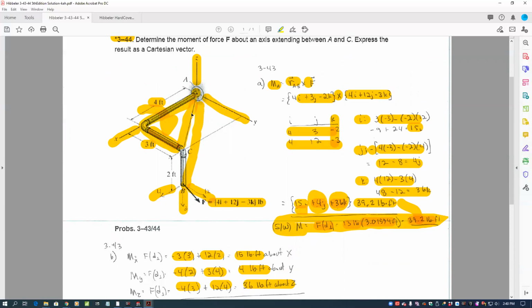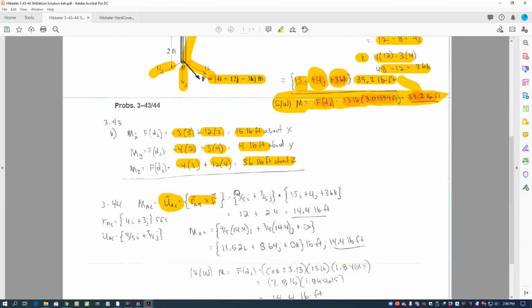Putting that as a unit vector, the length of 4 and 3 is 5, so 4/5 i and 3/5 j is the unit vector of the AC axis. We dot product that with our moment vector, which was 15i, 4j, and 36k.